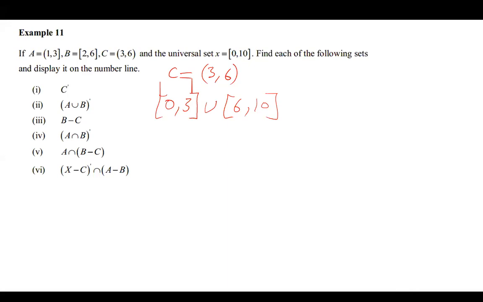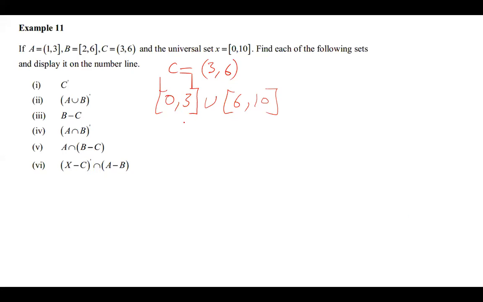Just go through your explanation again, sir. The explanation? Yes. Okay, let me just start. So I said C complement, we have our C there, which has been given to be (3,6).